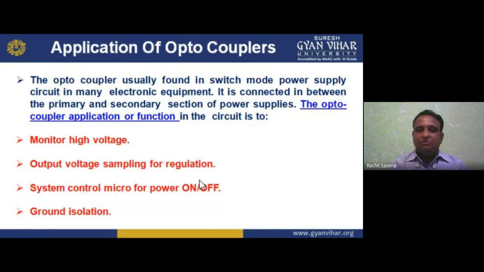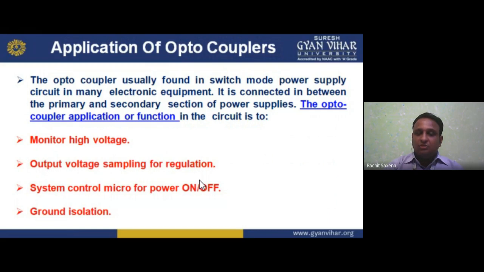Now, optocouplers are usually found in switch mode power supply, that is SMPS, circuits in many electronic equipment. They are connected between the primary and secondary sections of power supplies. The optocoupler has two functions in the circuit.